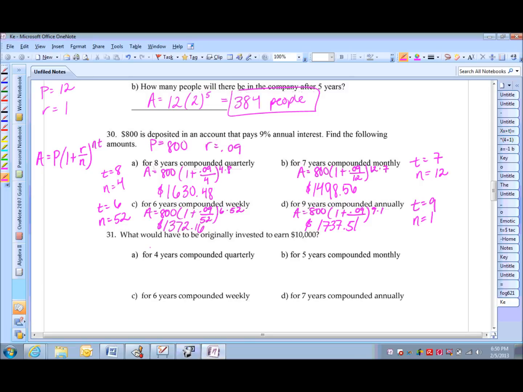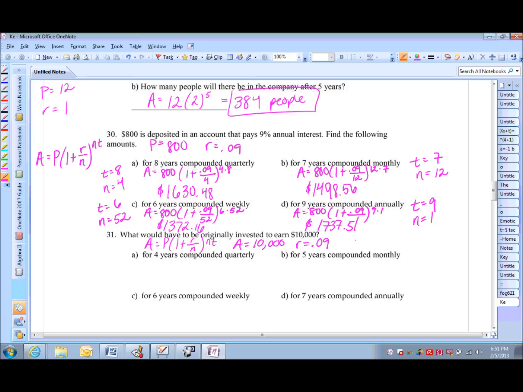So we're still dealing with the compound interest formula, which is A equals P times (1 plus R over N) raised to the N times T. And they tell us in this case how much money is earned already. So our A value has to be $10,000. And we're still going to use the same rate as in problem 30. The rate is 9%, but we change that to decimal form to be 0.09.